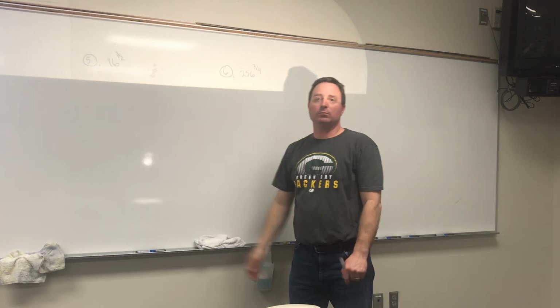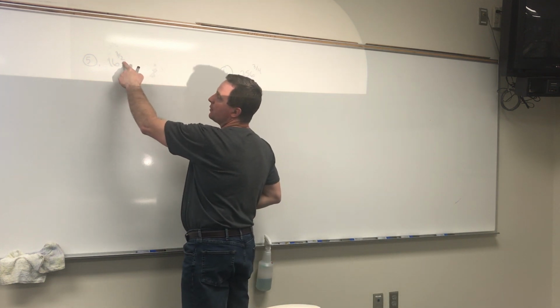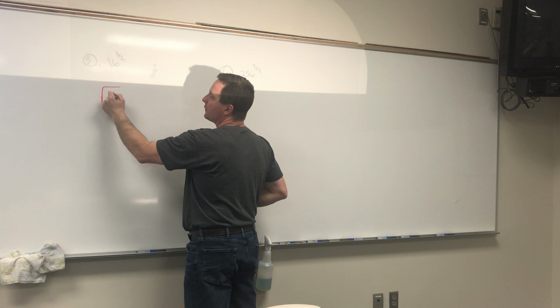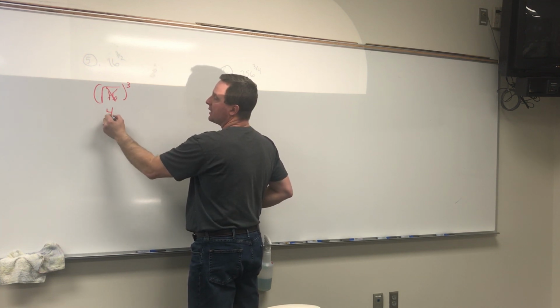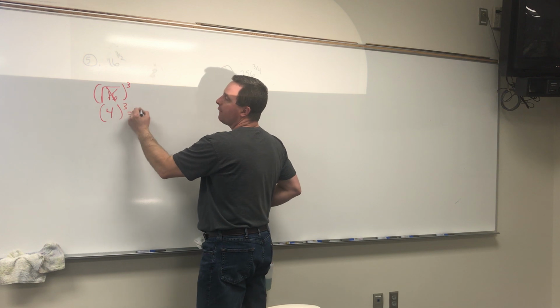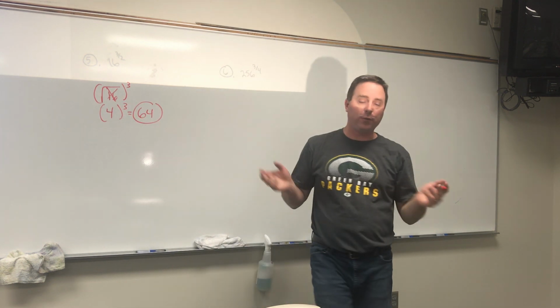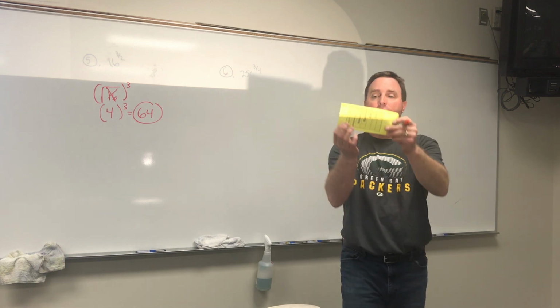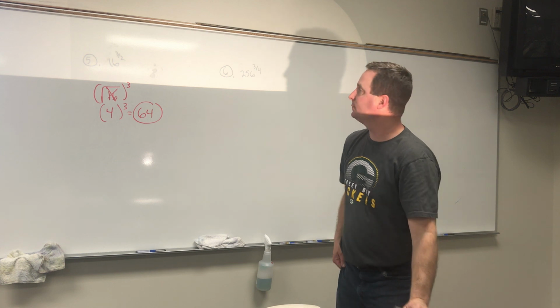Okay, ready, set, go. If I look at 16 here, the 2 is the denominator, so it's the square root of 16 cubed. Well, the square root of 16 is 4. 4 cubed is 64. You can do 4 cubed with your calculator, or again, you can do 4, go over to the cube, and it's going to tell you 64 as well.